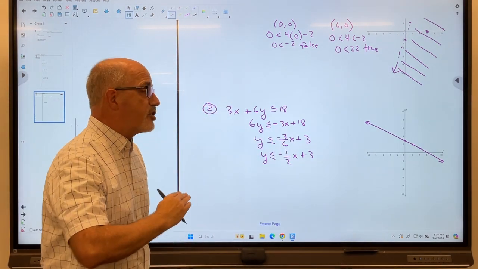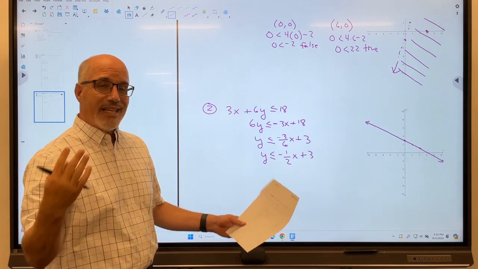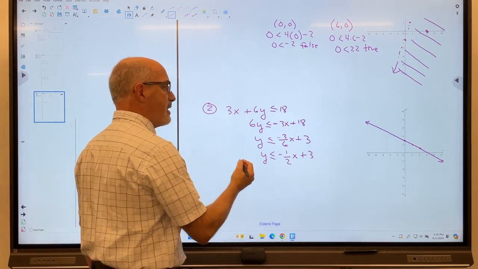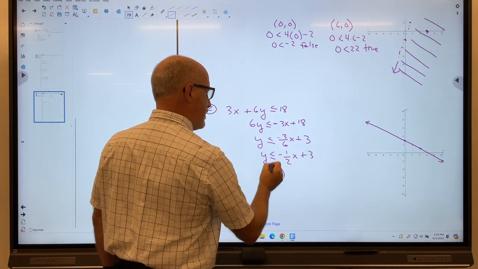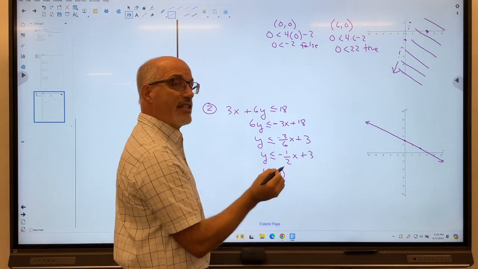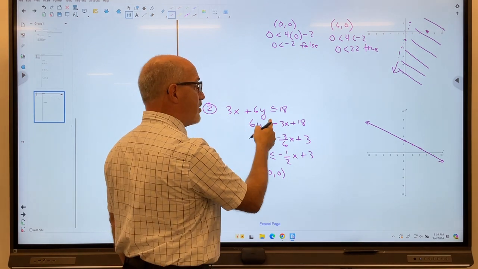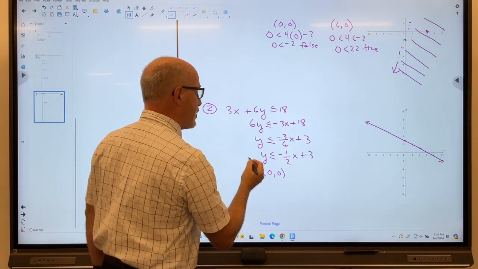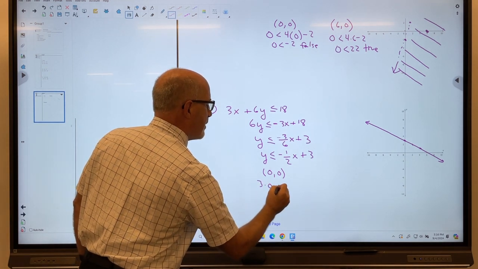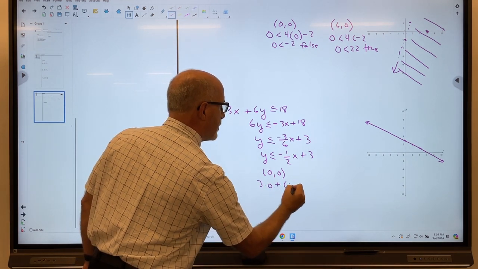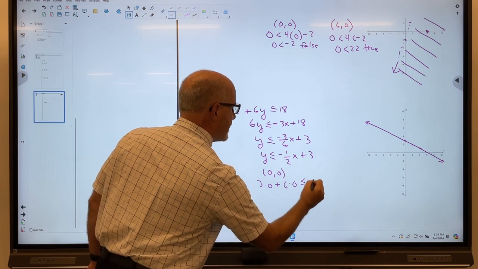Now I have to decide, shade above or below. The easiest point typically to test is 0, 0. So let's test it. Let's put it back into the original just because it's easier, and also just to double check that we did our work correctly. So is 3 times 0 plus 6 times 0 less than or equal to 18?